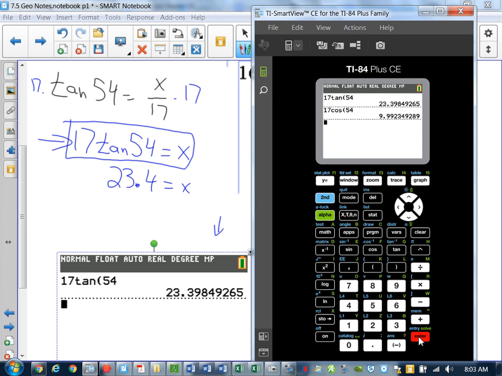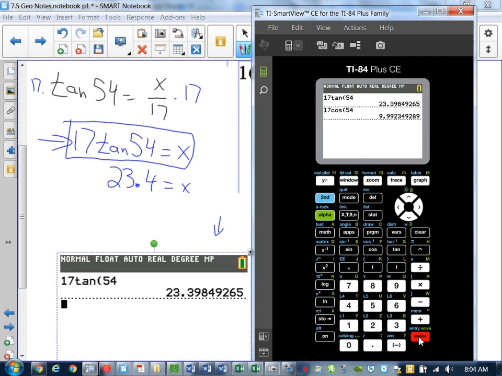Not too bad if the variable's on the top. So remember, if you have some trig of some angle is x over some number.